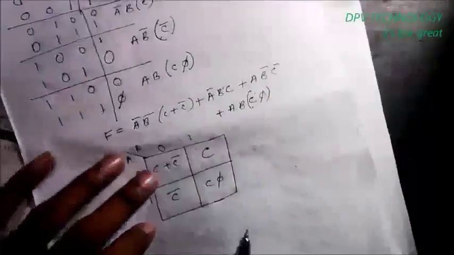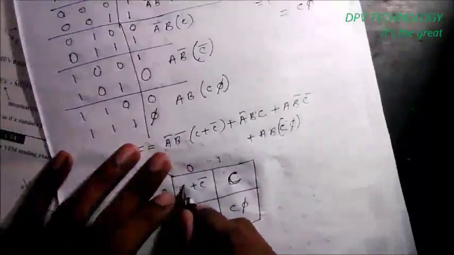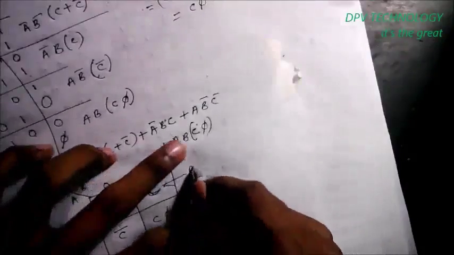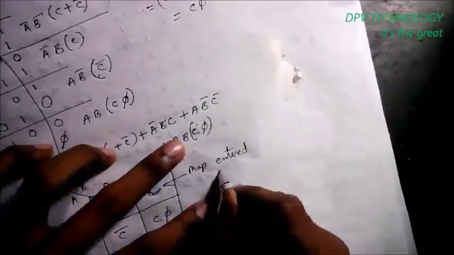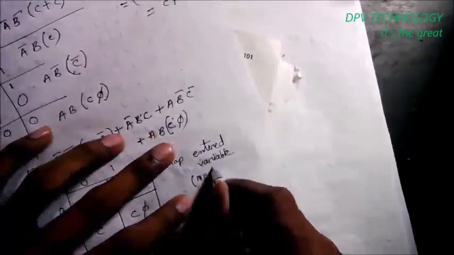This is the main step for variable entered map. Before going to group this variable, I want to tell something again: these variables which are entered into the map are called map entered variable, or simply MEV.